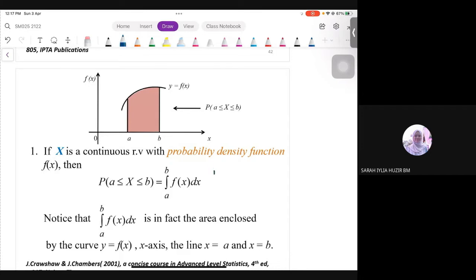Note kat sini, maksudnya apa yang saya cakap tadi. In order to find probability for continuous random variable, we have to integrate. Tak ada cara lain. Setiap kali mesti integrate because probability is the same as the area.